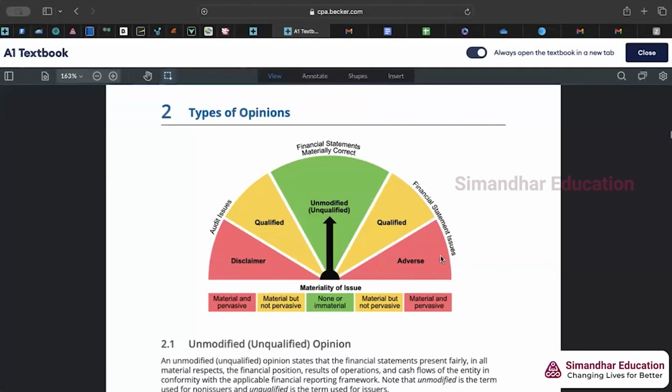Do we understand the meaning of material but not pervasive? Material and pervasive. That is what I explained. What is pervasive? Pervasive means it does not impact just one caption, it impacts multiple lines of your balance sheet and income statement. In the example that I gave, instead of following accrual basis of accounting, the company followed cash basis of accounting.